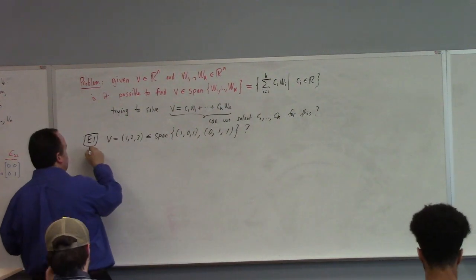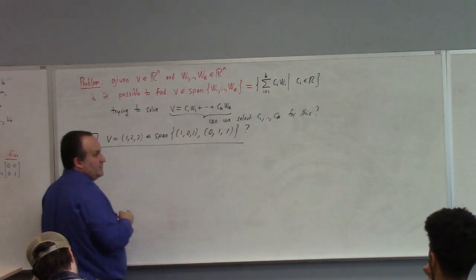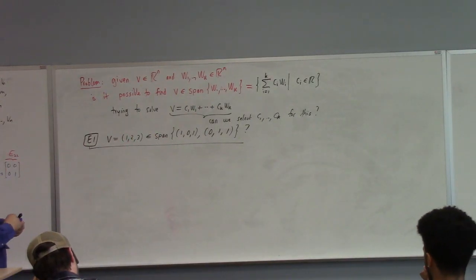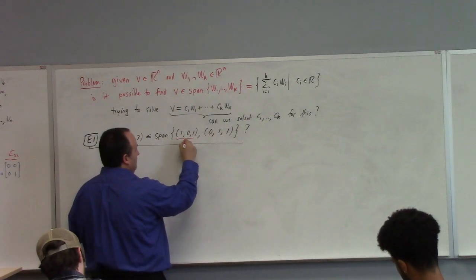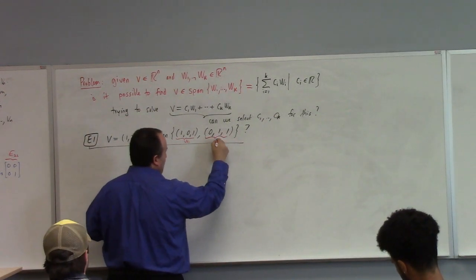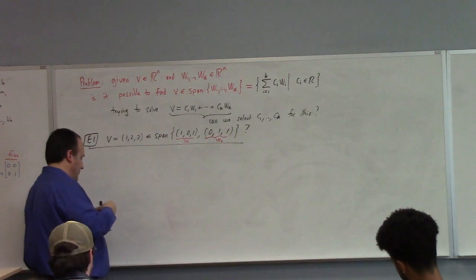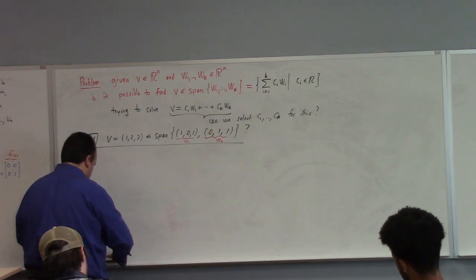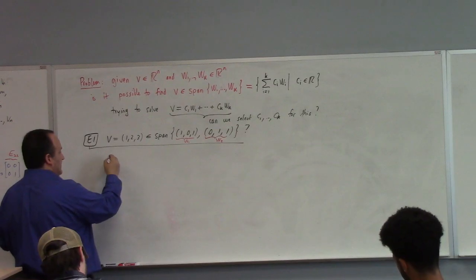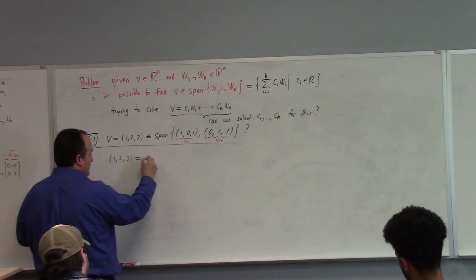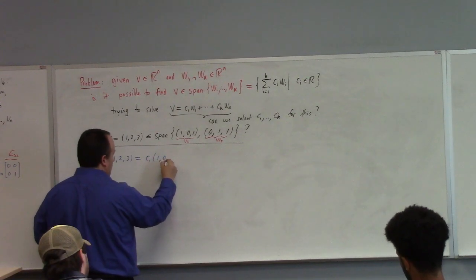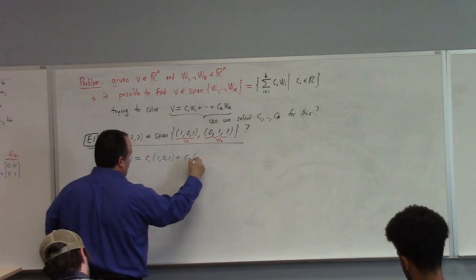All right. So here my W1 is this guy, and my W2 is that guy. The equation I'm trying to solve is (1, 2, 3) equals C1 times (1, 0, 1) plus C2 times (0, 1, 1).